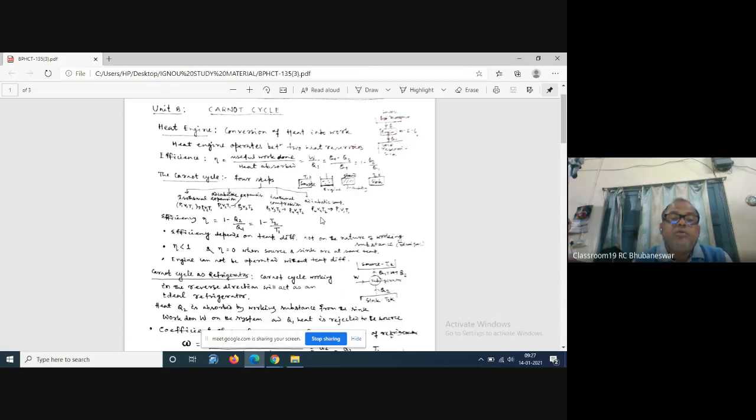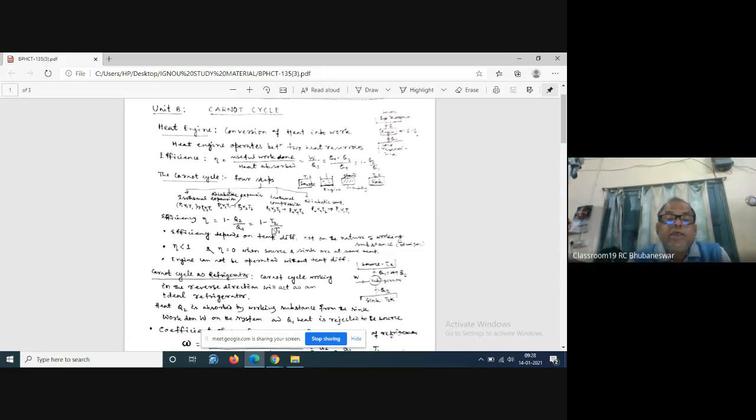Efficiency we know, eta equal to W by Q1, and we will find that W equal to Q1 minus Q2, so eta equals Q1 minus Q2 by Q1, that becomes 1 minus Q2 by Q1, and this is the same as 1 minus T2 by T1.